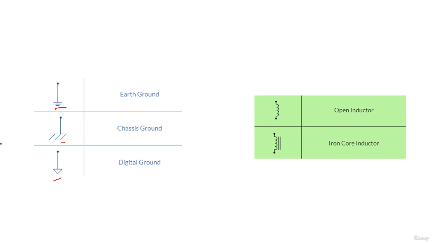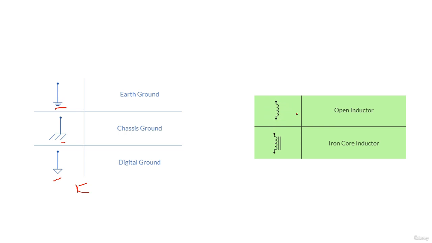So the digital ground, we find it in the motherboard, for example, in the computer motherboard or the smartphone motherboard. Anyway, we find it with the integrated circuit IC, okay, or with MOSFETs, etc.